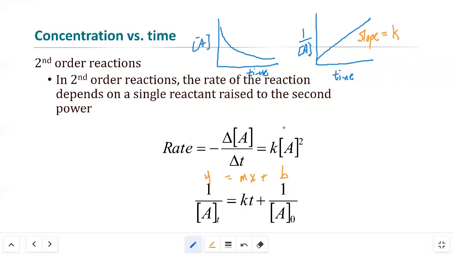But some reactions are a good bit slower. Some don't lend themselves to a very quick reaction's over. And so we end up using other kinds of methodologies to do it. So the lab that you're doing on Tuesday, you're going to be looking at a purple dye, and it is going to be gradually losing its color over the period of 20 minutes. And at the end of the 20 minutes, it's still not going to have completely lost its color.